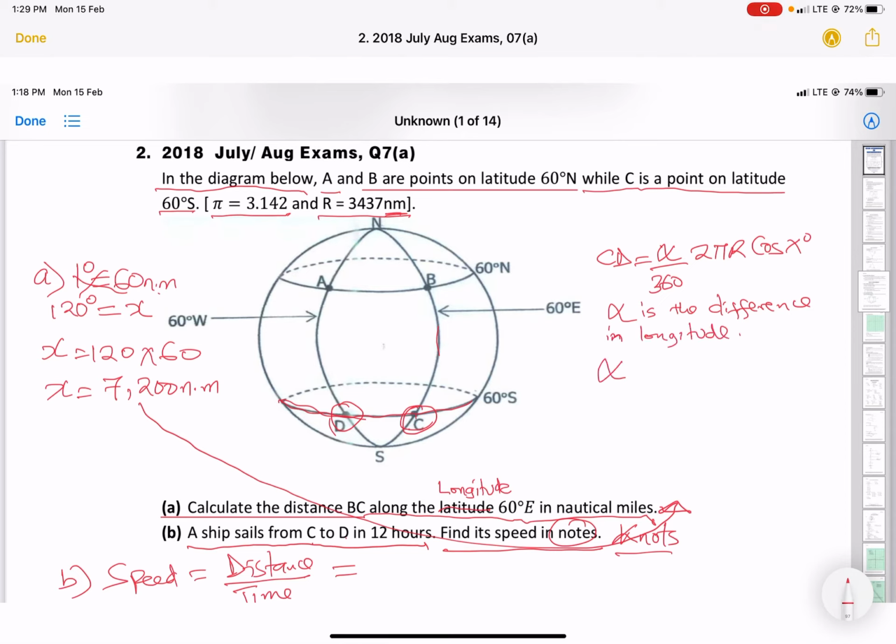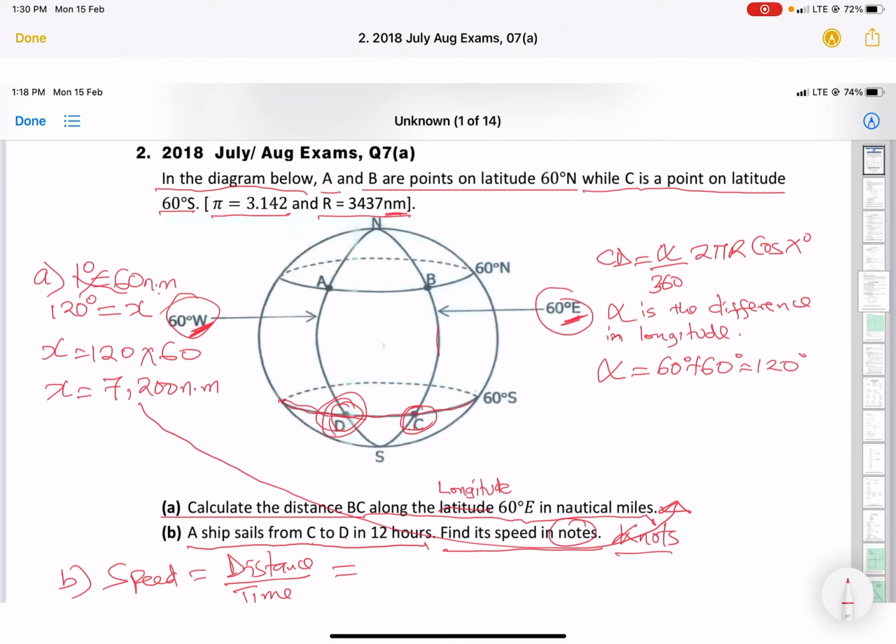So alpha is equal to, C is on longitude 60 degrees east, and D is on longitude 60 degrees west. East and west are different poles, so we add. 60 degrees plus 60 degrees gives us 120 degrees.